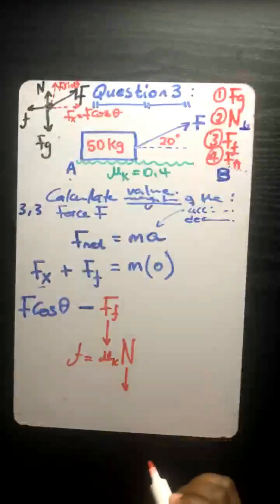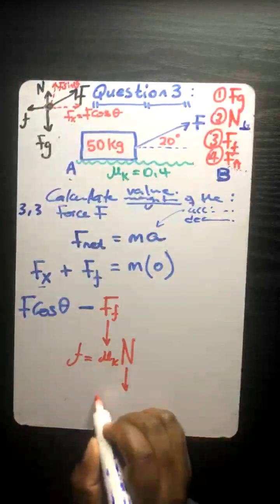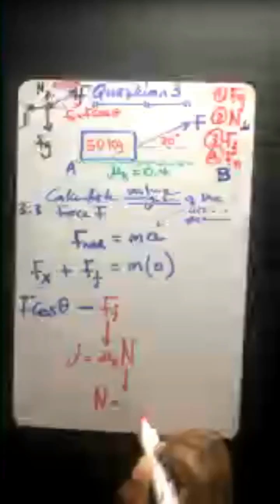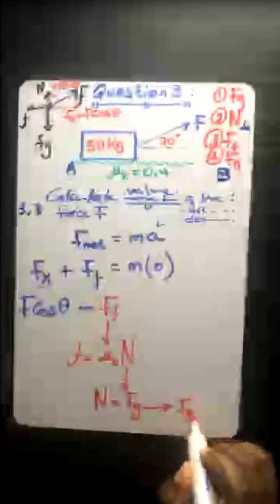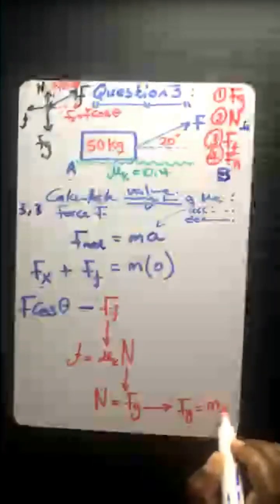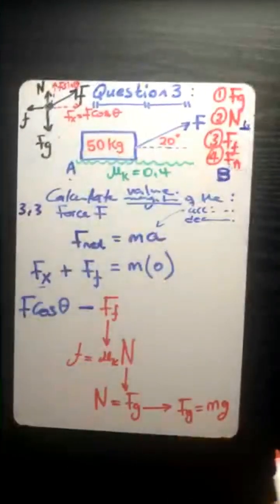For the normal force, we do have a formula. The normal force is actually the same as the force of gravity. These two are equal. And we know that the force of gravity is equal to ma. No, not ma, but mg.